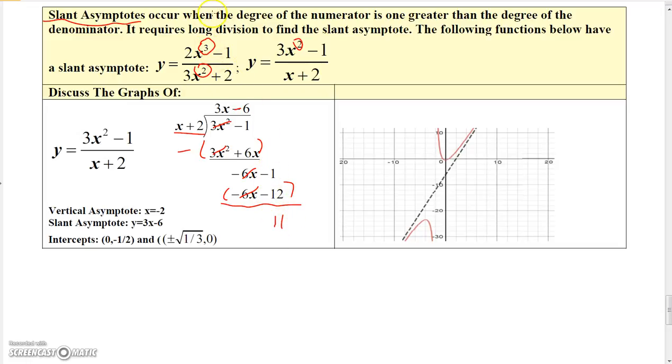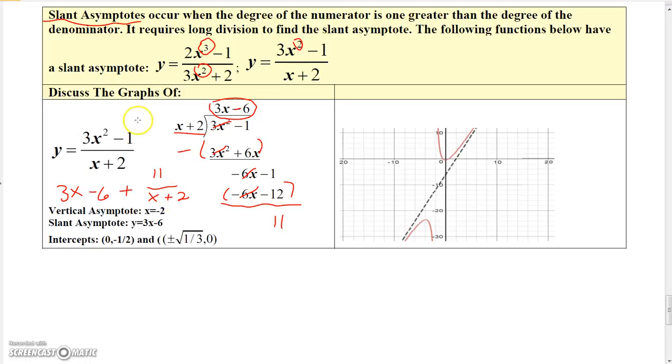So basically what you found out is that this function can be rewritten as 3x minus 6 plus 11 over x plus 2. But here's the deal.